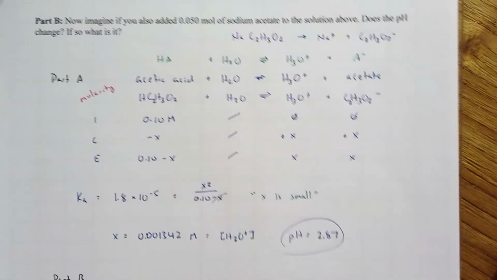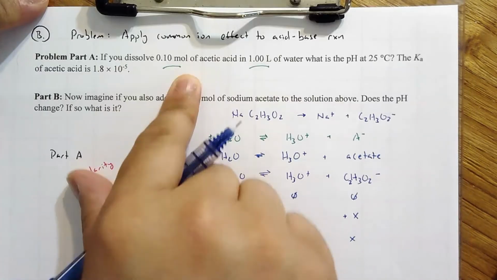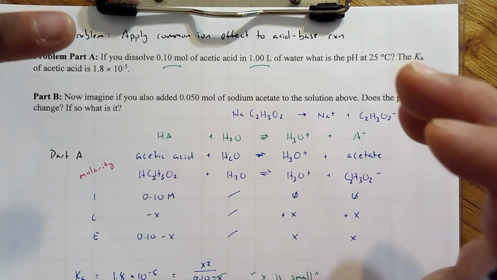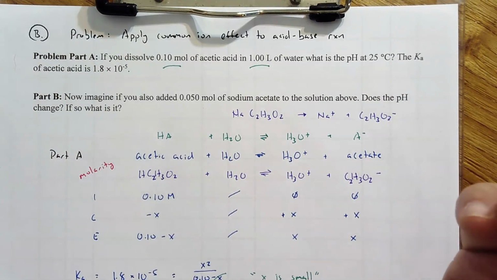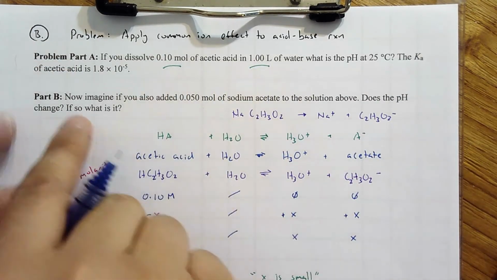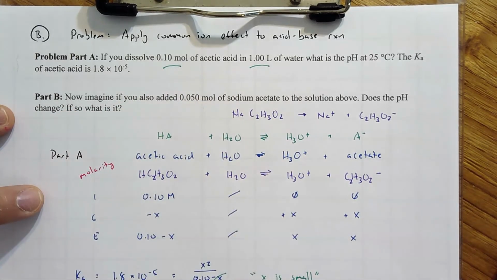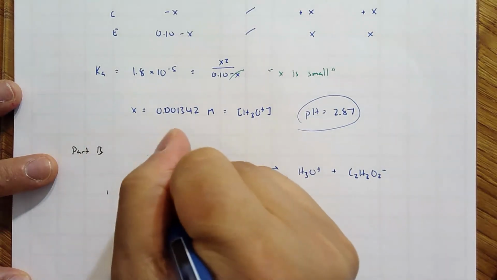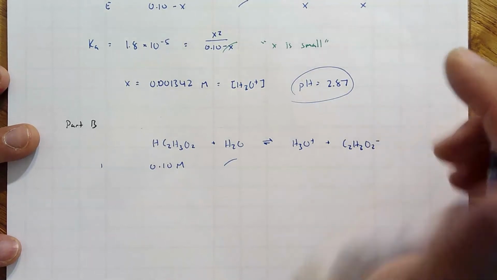That is straight up the same as what we've done before. Just take the moles divided by the liters. Nothing happens initially to that acid. You literally dissolved that much. Part B is saying you did the same thing, the same type of solution. So that was 0.10 molar.